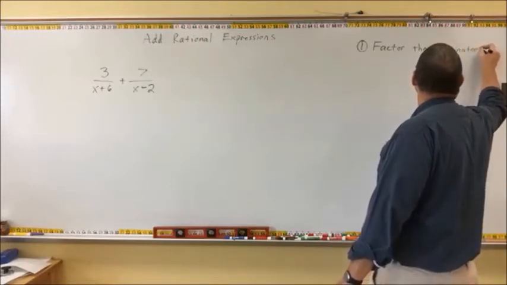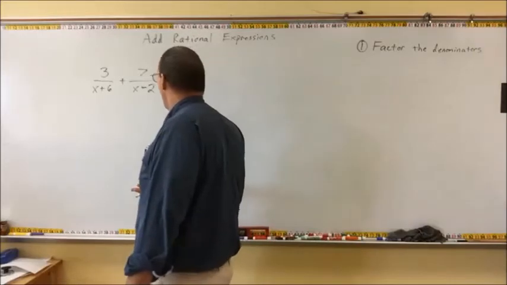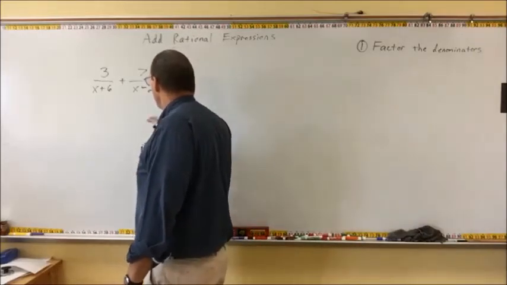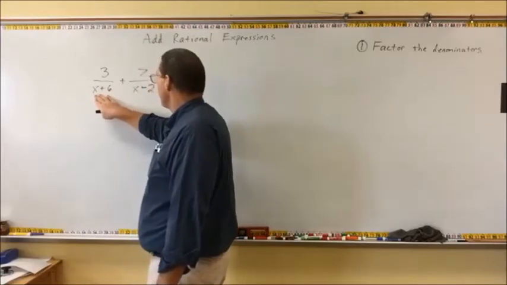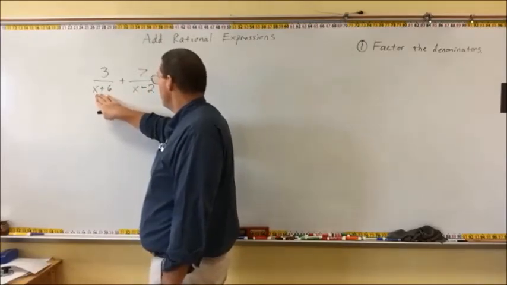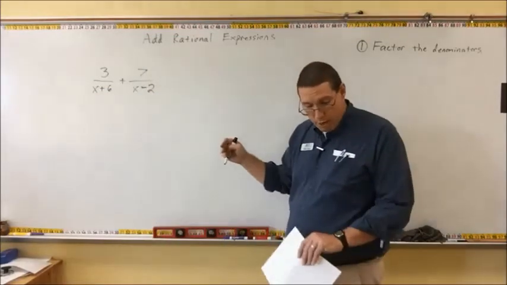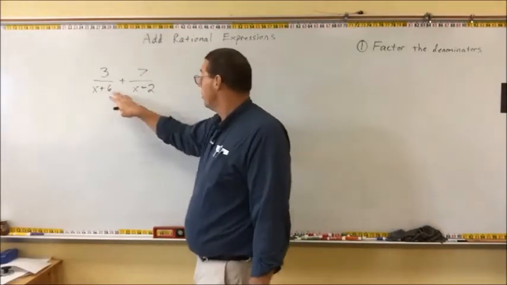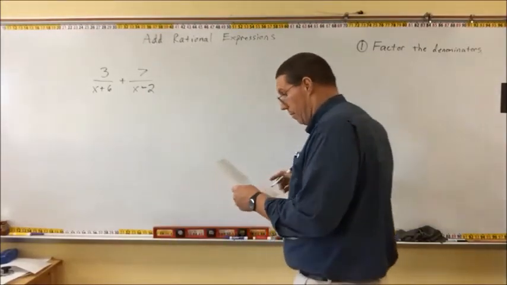If the denominators are like x squared something or other, if they're not already just a linear binomial, then you may have to factor it down. In this case, we do not have to factor the denominators. Okay? So we can skip step 1.